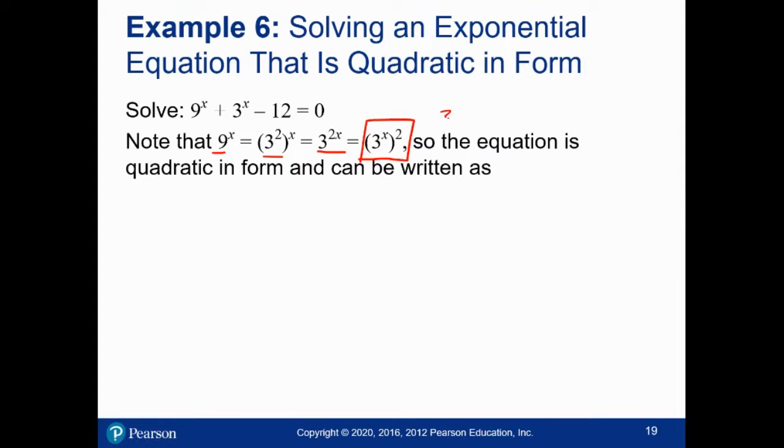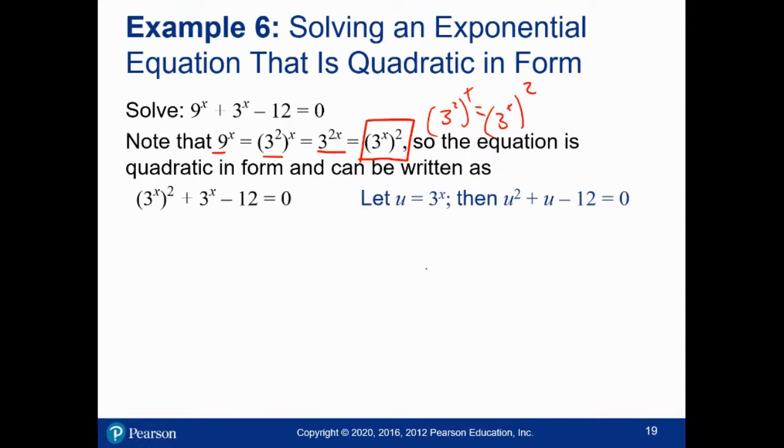Instead of calling this 3 squared to the x, we've called it 3 to the x squared. So we can rewrite our original expression as 3 to the x squared plus 3 to the x minus 12 is 0. Now if I take the 3 to the x and rename it as something else, let's just call it u, then we have u squared plus u minus 12 equals 0, which factors.